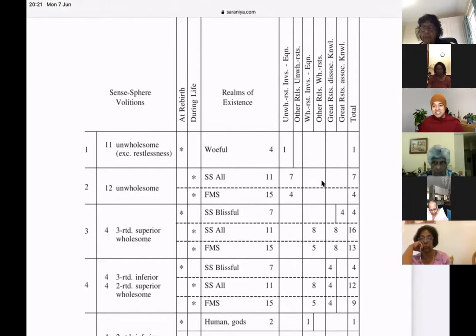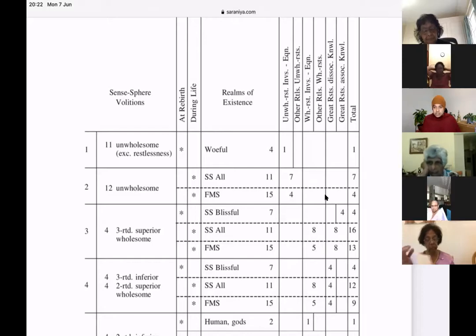Who is correct now? Is your book correct or my book correct? That is the question. My book is the same as Dill's. Who is correct? How do we see this? If we take a 3-rooted superior wholesome, which is a powerful alobha, adosa, amoha consciousness, arising within the fine material sphere, first of all, what we must ask ourselves is what can arise in the fine material sphere?